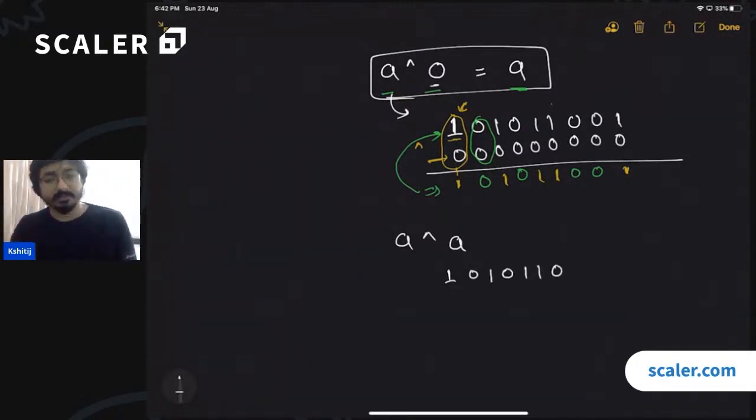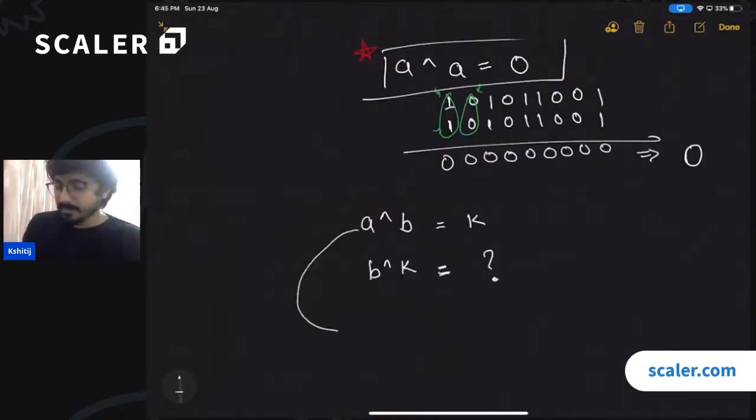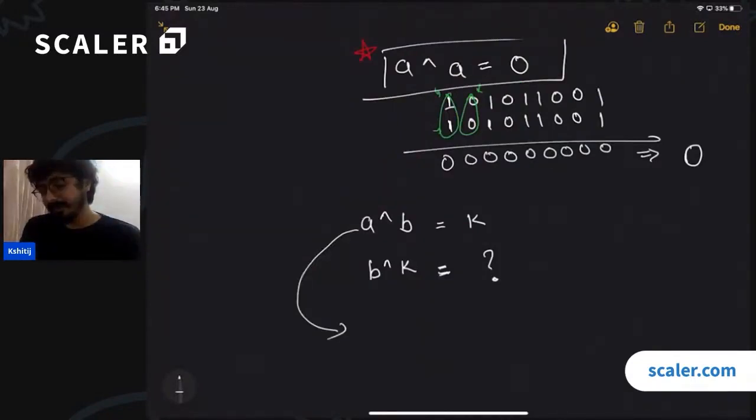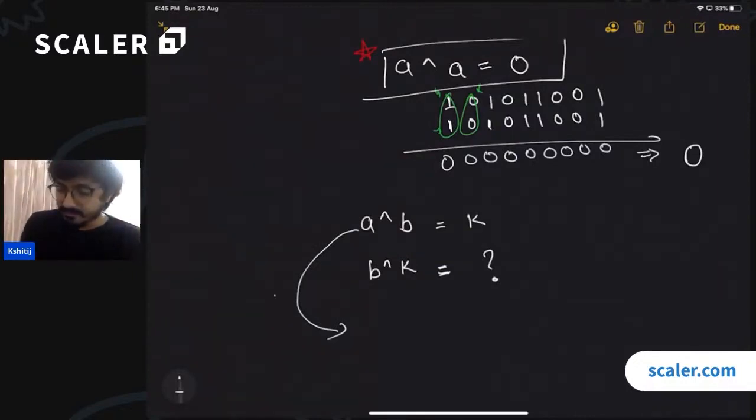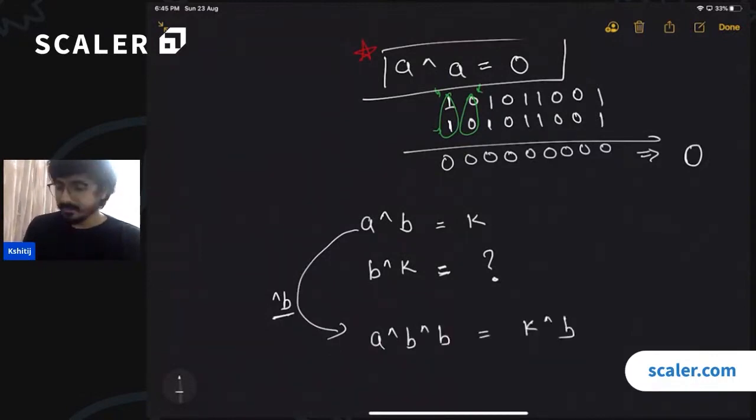Can I predict it? If I take the XOR of b on both sides in this equation, this is going to be a XOR b XOR b is equal to k XOR b, right?